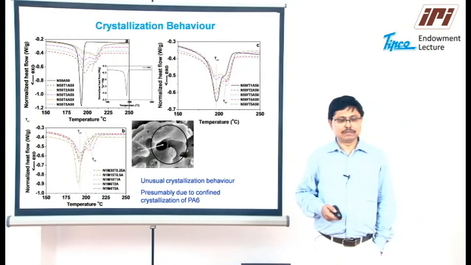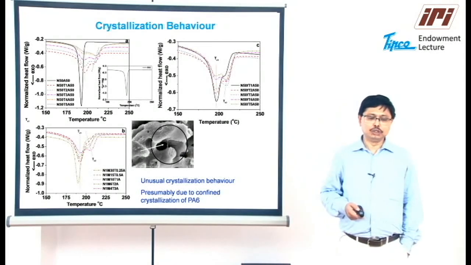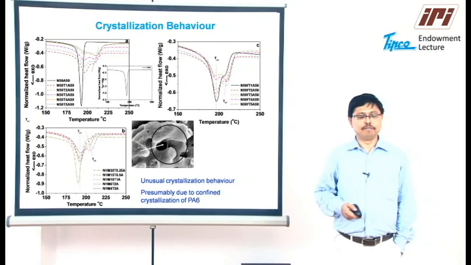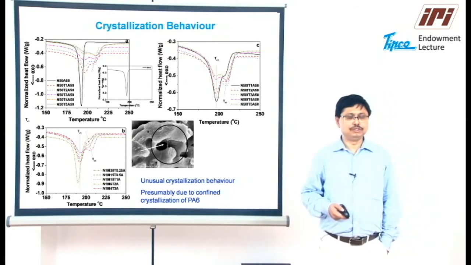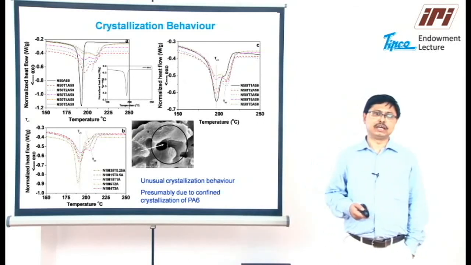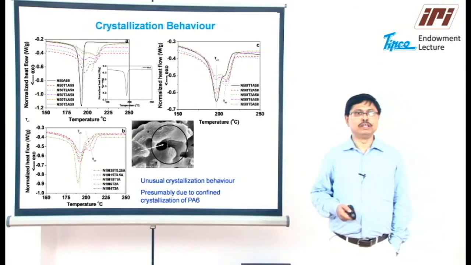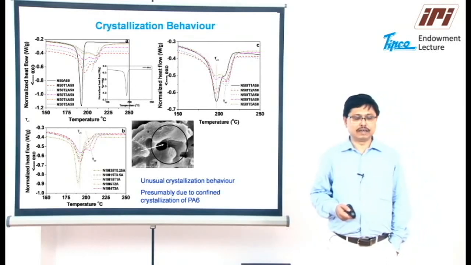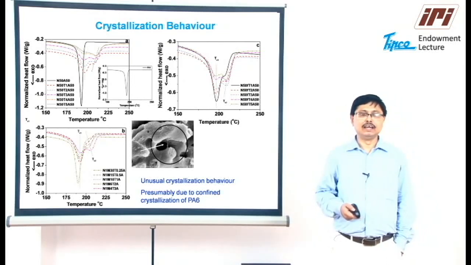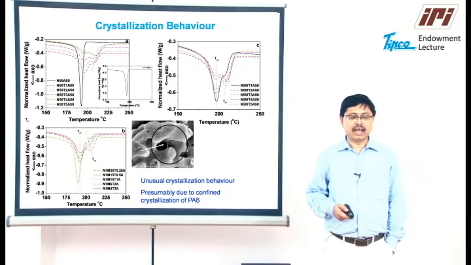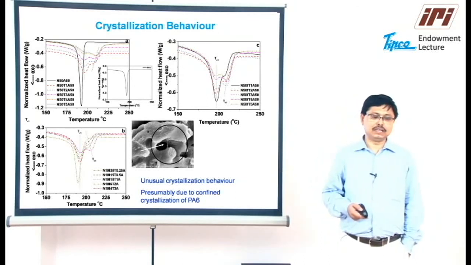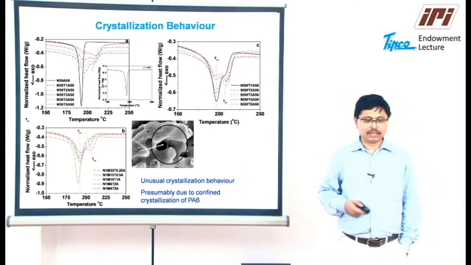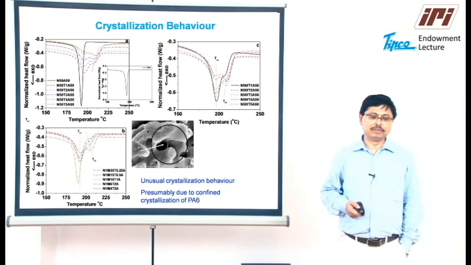The crystallization behavior suggests an unusual crystallization in the presence of multi-wall carbon nanotubes, irrespective of the type of nanotube, whether purified, functionalized, or NaHA modified. One can find two crystallization peaks as opposed to one crystallization peak in bulk crystallization. There are a number of literature reports in this connection.